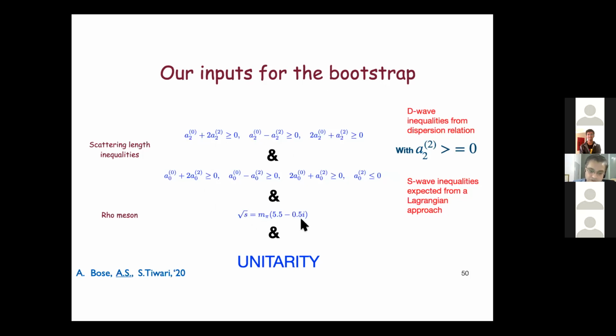Of course, we are going to use the rho meson resonance position, which is the phenomenological input. These signs are not really phenomenological, but appeal to other arguments like dispersion relations, or if you believe that these dqs should have definitive signs, and unitarity.